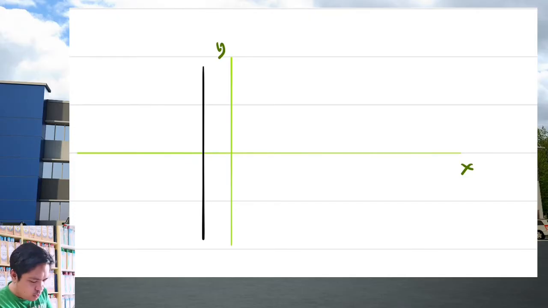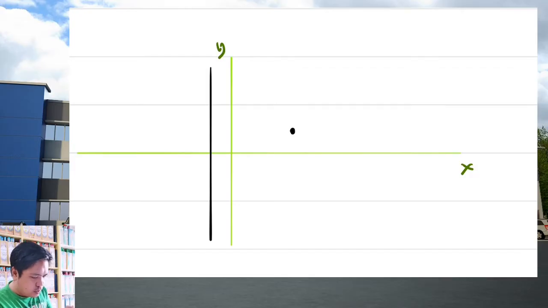So let's say our focus is right around here. Okay, so this is our focus. That means the point moves in such a way that it is always equidistant from this line and this focus or this point.